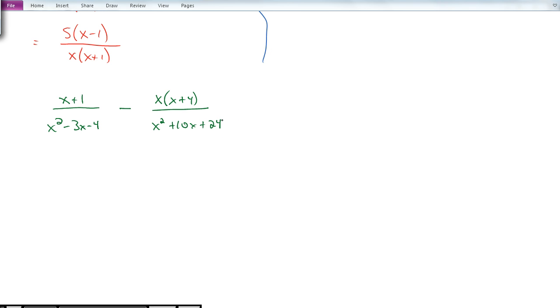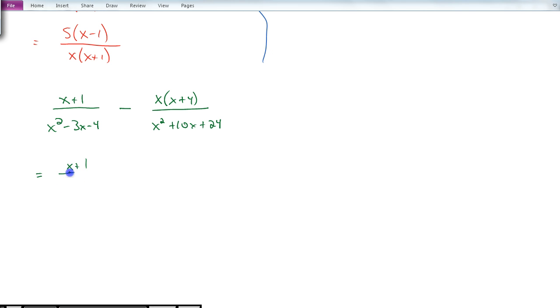Okay, this is a pretty gnarly rational expression or subtraction of rational expressions. I think the key here is to recognize that maybe there's some simplification to do in each fraction prior to figuring out the LCD, because it looks like the LCD of these two might be their product if they don't share any factors. So let's just check out the factorization.